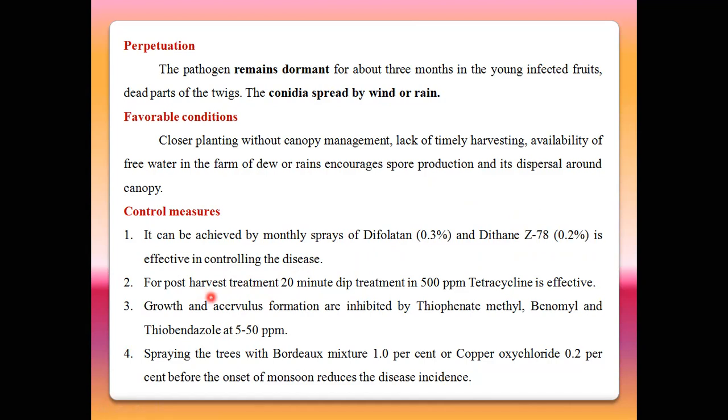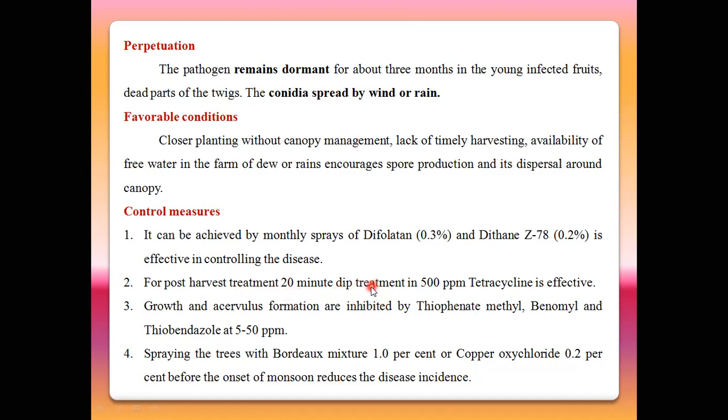To protect the ripe fruits kept in storage or in transport, the harvested guava fruits are immediately dipped in tetracycline solution or a solution of carbendazim. First prepare a 0.5% carbendazim solution or a 100 ppm tetracycline solution. Then dip the harvested guava fruits in the prepared solution for 20 minutes.